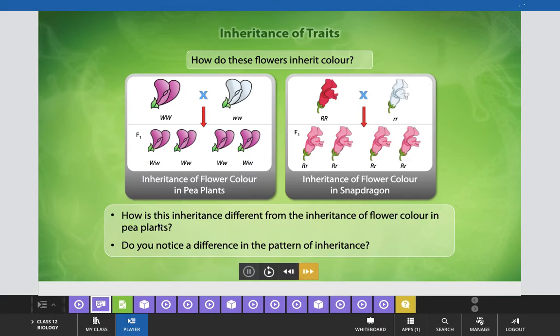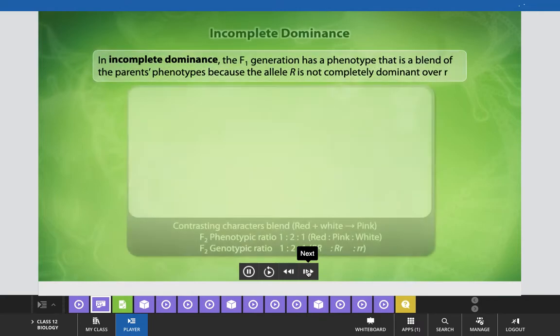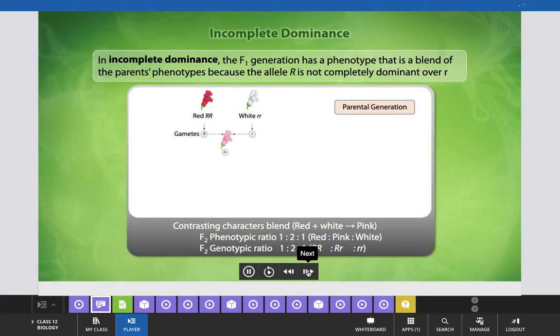Now the question is, how is this inheritance different from the inheritance of flower color in pea plant? And do you notice a difference in the pattern of inheritance in both cases? Now let's get the answer to this.